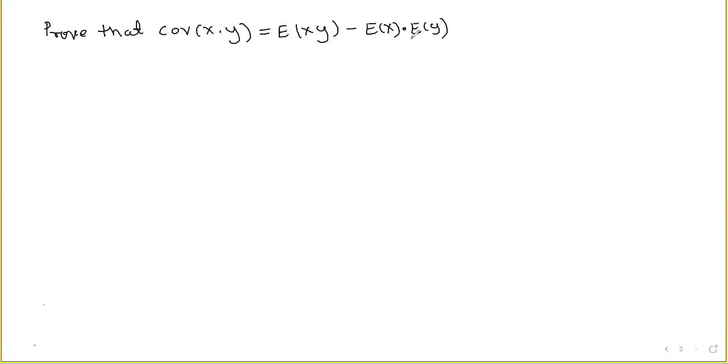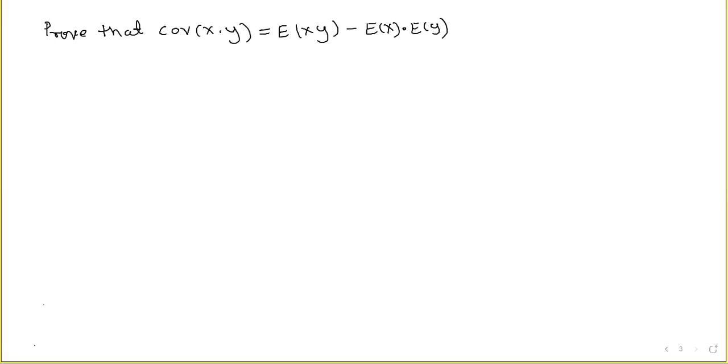So theorem first, prove that covariance of x comma y is equal to expected value of xy minus expected value of x into expected value of y, right?